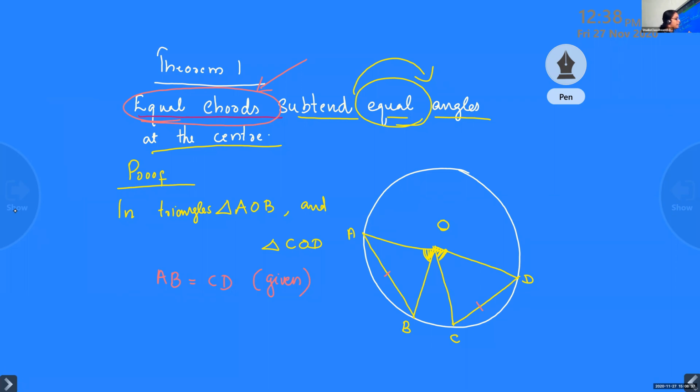Is there any speciality of these sides? What are they? AO and OD. Yes, AO. What is that AO? Radius. Very good, radius.